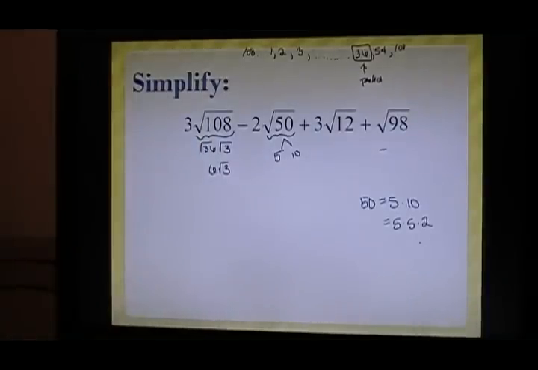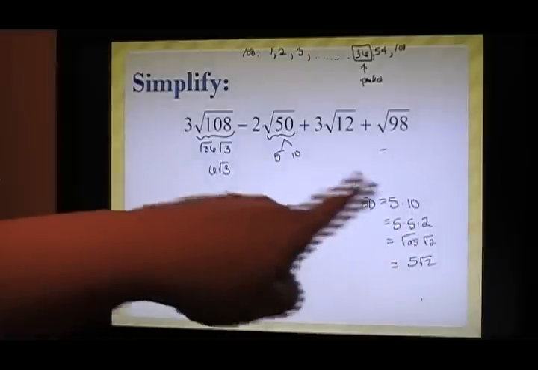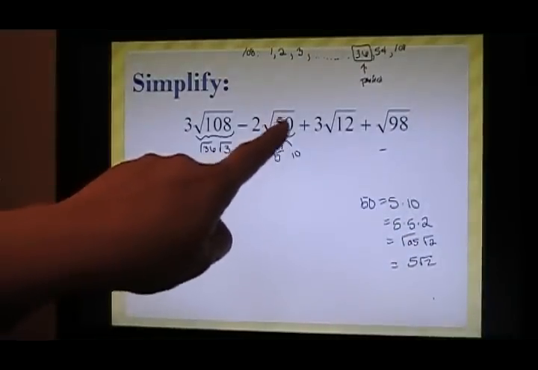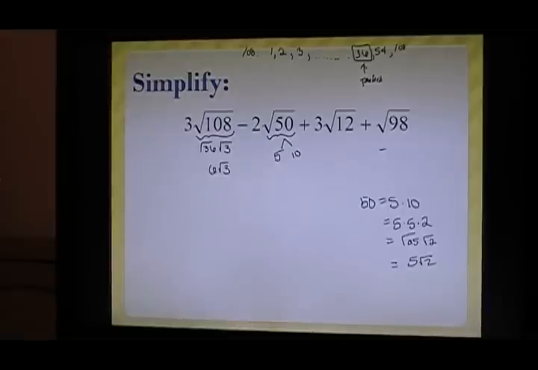Okay? So this is the square root of 25 times the square root of 2, which is 5 root 2. So you can do that, using the 5 and 10, or you could just say 25 times 2. So we have now the square root of 50.